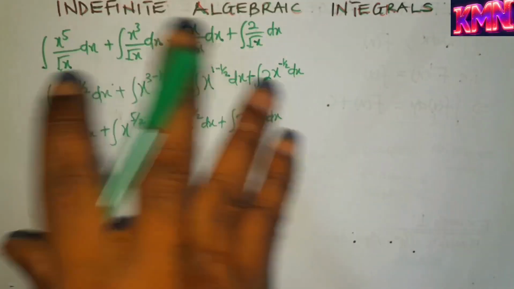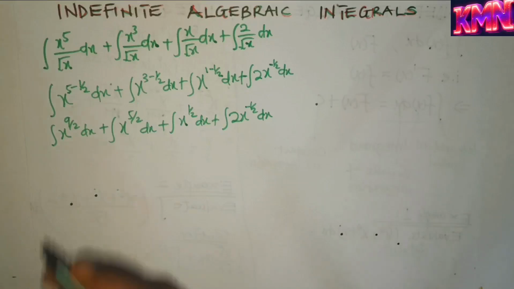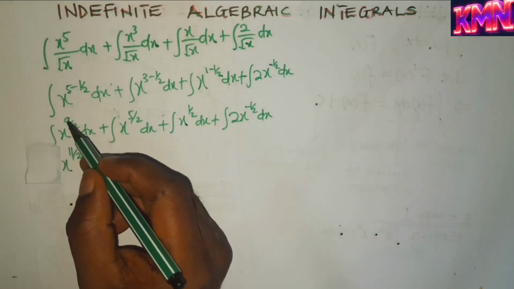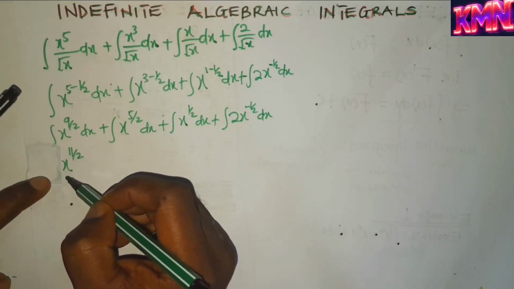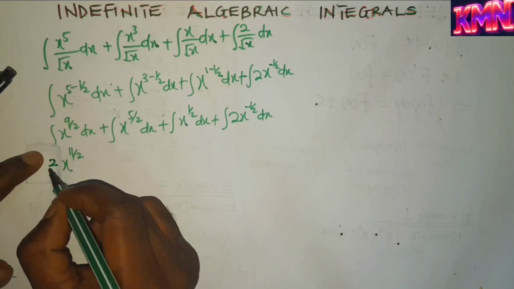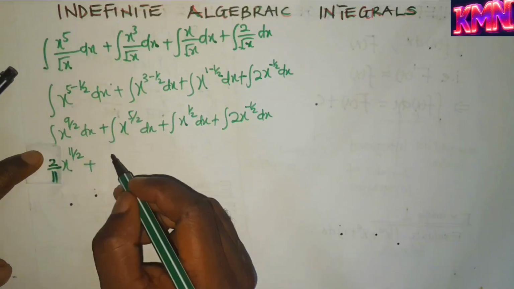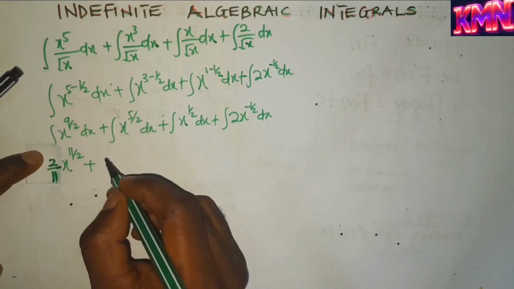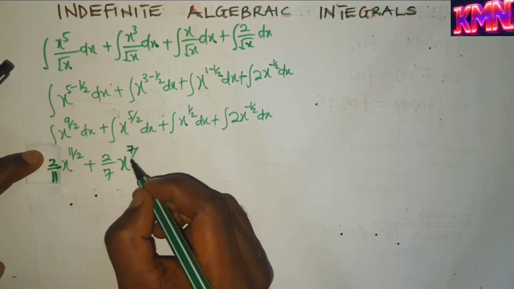After we are done with all those algebraic manipulations, now it's time for us to integrate. So integrating, when we add 1 to 9 on 2, we are getting 11 on 2. Then we divide by 11 on 2, which is the same as multiplying by 2 on 11. Plus, when we add 1 to 5 on 2, it gives us 7 on 2. So it means we're going to get 2 on 7 x power 7 on 2.